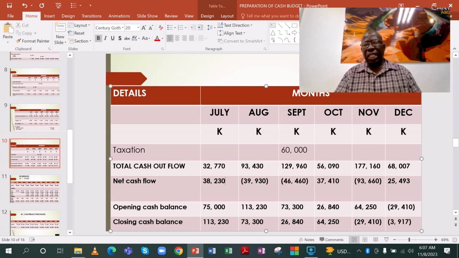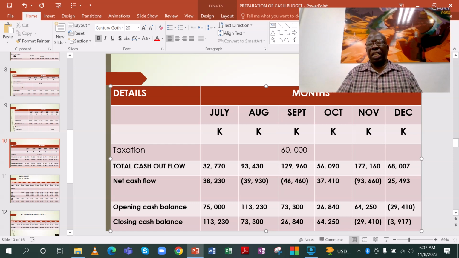In the last 2 months you expect a shortage of cash to the tune of 29,410 in November and 3,917 in December. So we are expecting a deficit in November and December. Since it's way ahead of us, we can start planning for how we can bridge this gap.